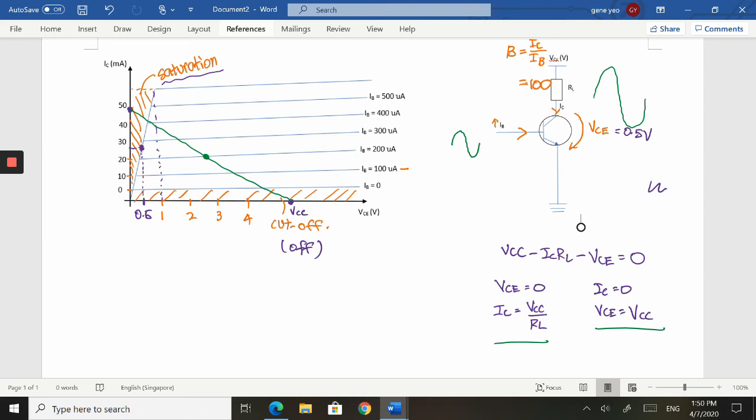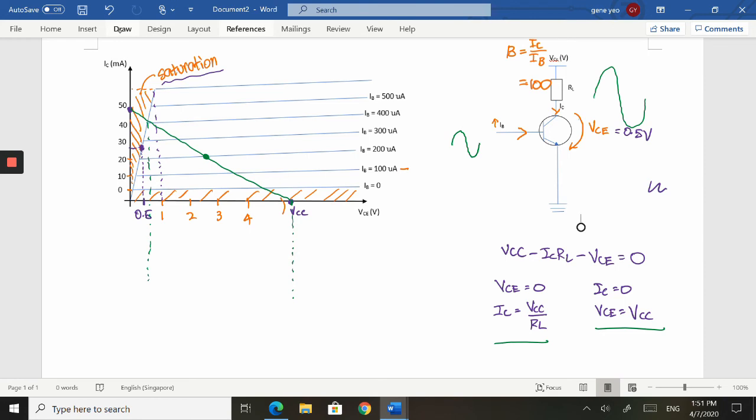Why do we say we want it to be somewhere there? Because if I were to draw this as my maximum and this as my minimum, it shouldn't go below saturation.